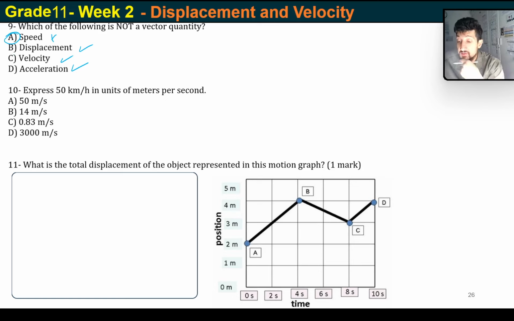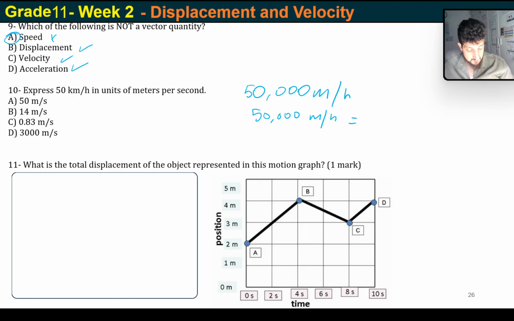Express 50 kilometers per hour in units of meters per second. Okay. So the way to do this is, first of all, we change 50 kilometers per hour to 50,000 meters per hour. And then we divide it by 60.